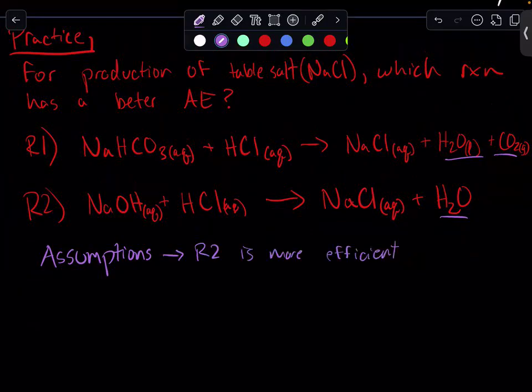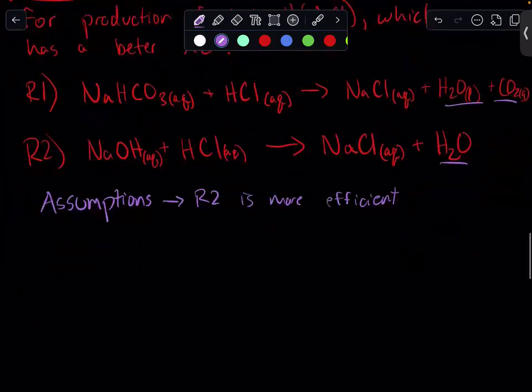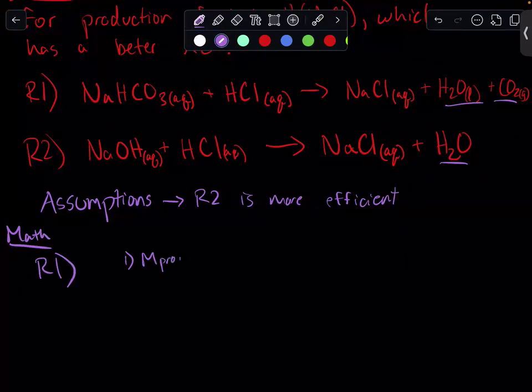So I'm going to assume that has the higher or better atom economy. So now I'm going to go ahead and work out the math to try and prove that. So for reaction 1, and I'm going to use the steps 1, 2, and 3 from before, the molar mass of the product is going to be sodium, which is 22.99 grams per mole, plus chlorine, 35.45 grams per mole.